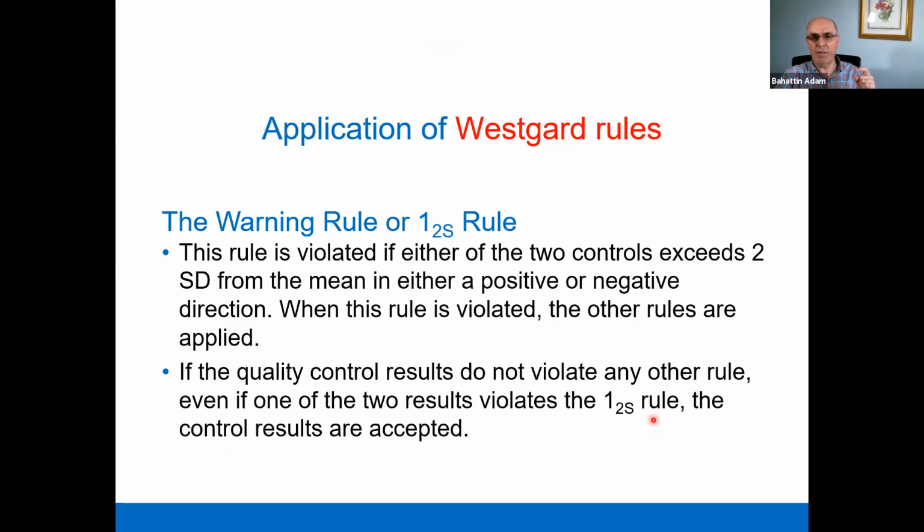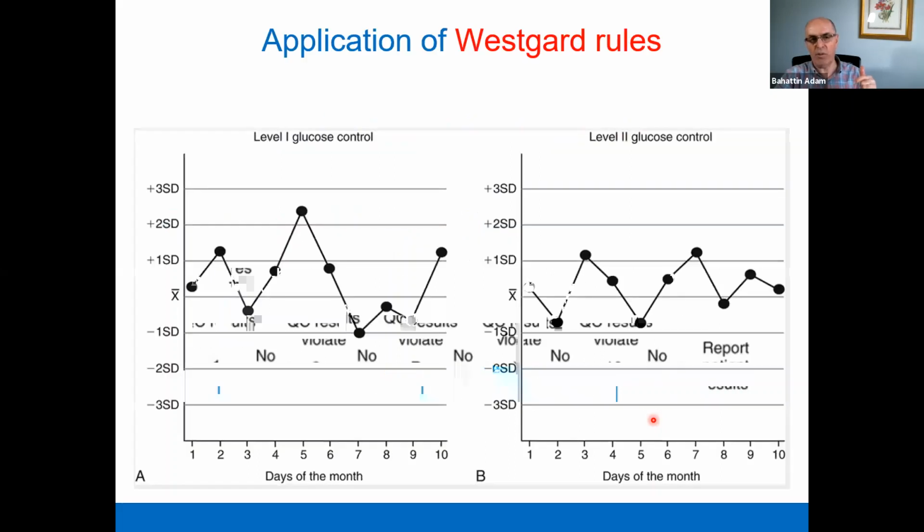Okay, and there are different Westgard rules: warning rules, and also the violation of the rules, as you see here. If you accept 2 standard deviation, as you see, one of your controls is out of the range, it violates your rules, okay, the Westgard rules.